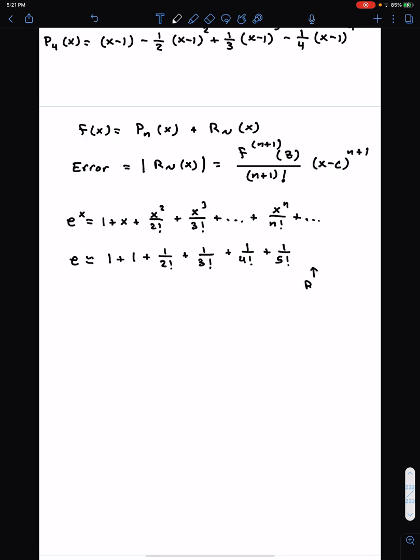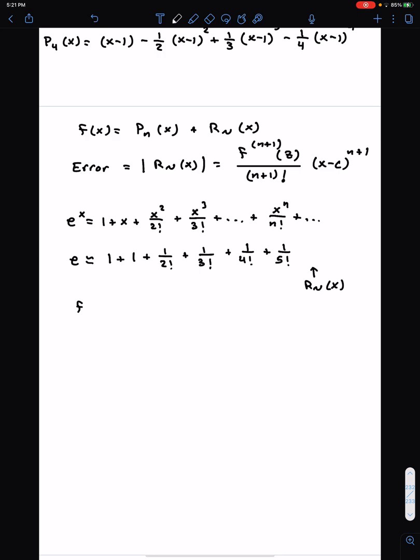Whatever's left over is Rn of x. So I'm going to choose z to maximize f n plus 1 of z on the interval 0 to 1.